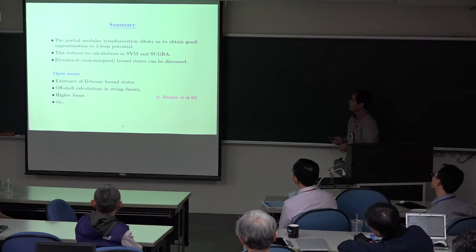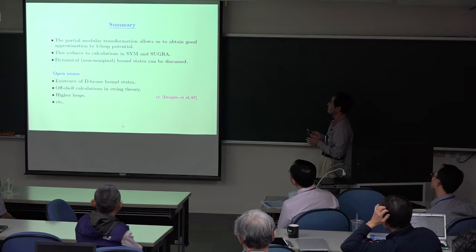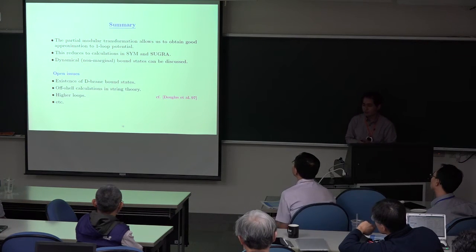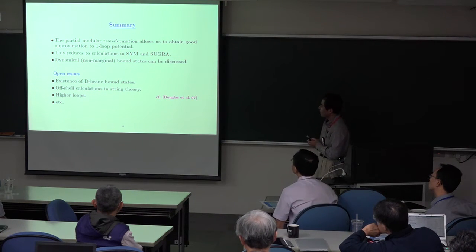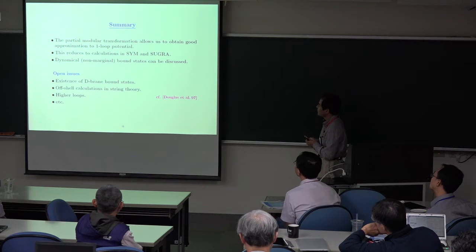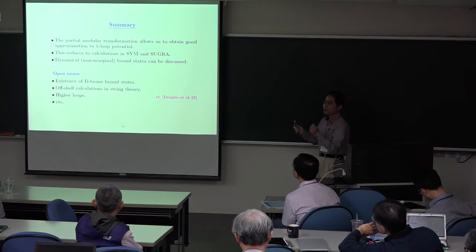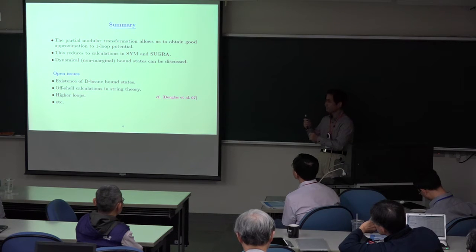Okay, so let me summarize. We somehow proposed a method to compute the one-loop effective potential in an approximate way, and this turned out to give a very good approximation, and this allows us to compute the effective potential for the revolving D-branes.